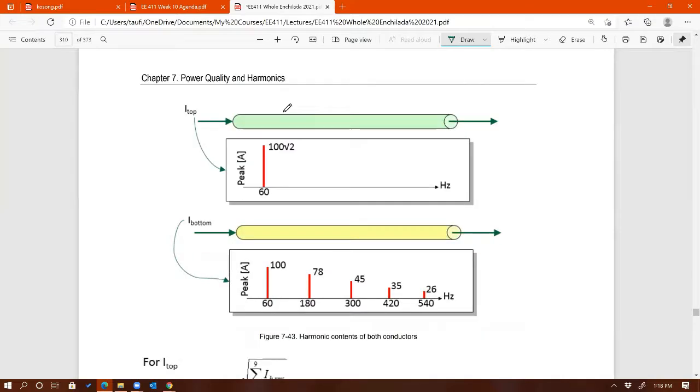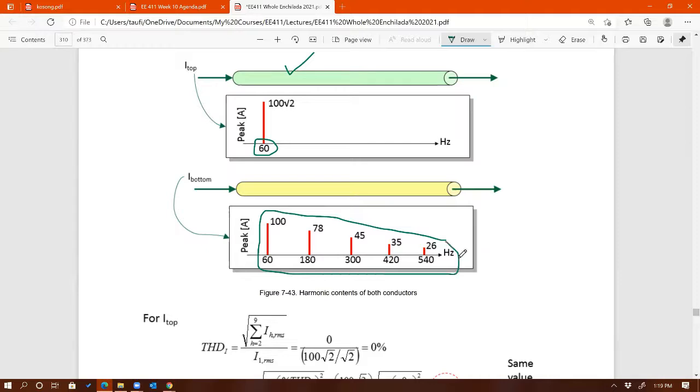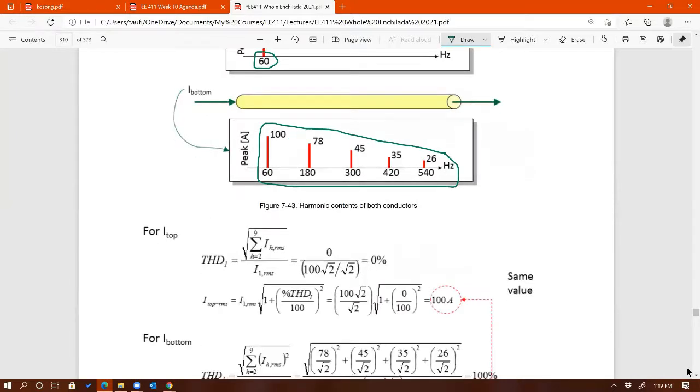If you take the FFT of the first one, it only has one component at 60 hertz, that's why it's not heating up. But if you take the FFT of the second current, the second wire, you can see we have more frequencies. Now, if you calculate RMS of all of these, it's going to give you 100 amps as well. So here's the mathematical calculation.